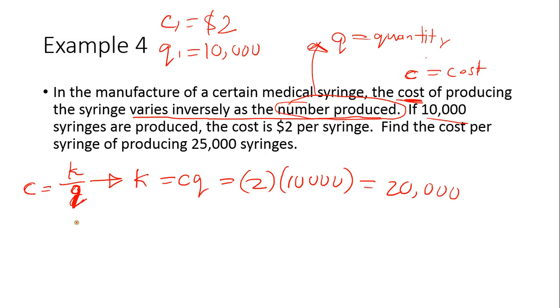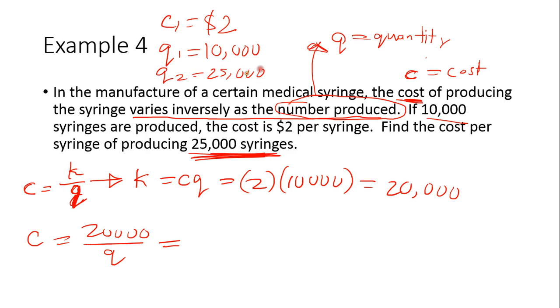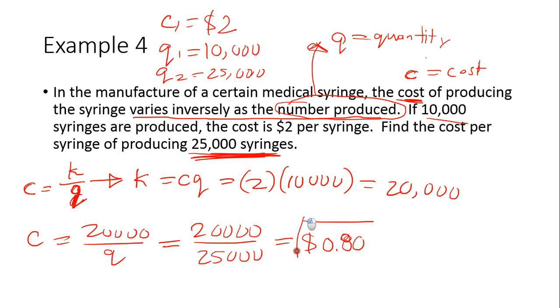So now we have our K. So now we can write C equals 20,000 over Q. And in this case, for Q, when the quantity is 25,000, that's going to be 20,000 over 25,000, which is basically 80 cents.